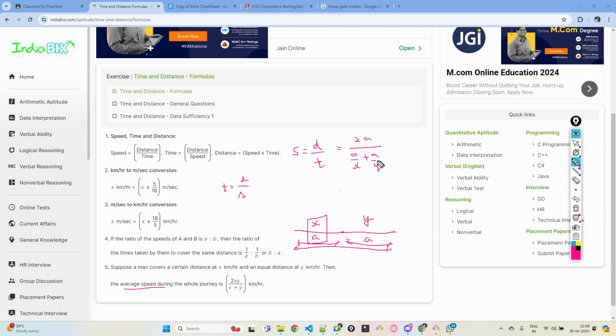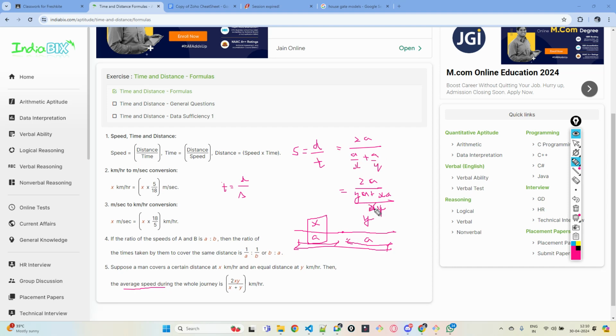Now, if I do an LCM for this, it will be 2a divided by, LCM means you have to cross multiply: y into a, ya, plus x into a, xa, divided by x into y. This is how you add fractions, you have studied. Just multiply both the denominators and put it in the denominator, and cross multiply.